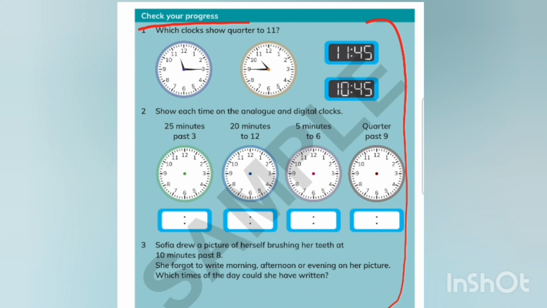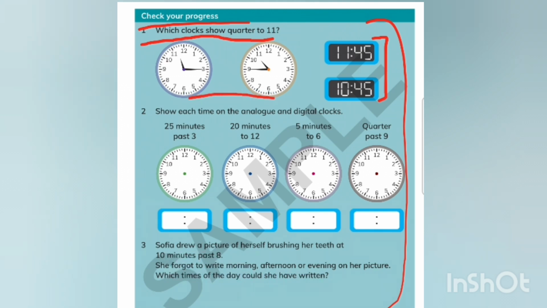Good. Now question number 1 is which clock shows quarter to 11. Here there are 2 clocks in digital and 2 clocks in analog.